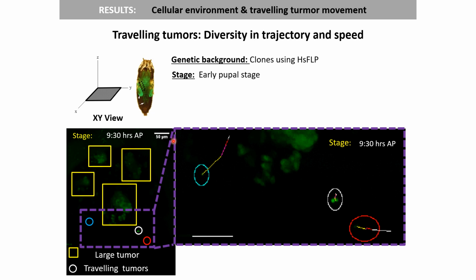So in white you find the first time point, then the second time point in red, then pink, and then yellow. And here we did something similar. This allows us to see the trajectory of the CTCs and analyze their velocity.